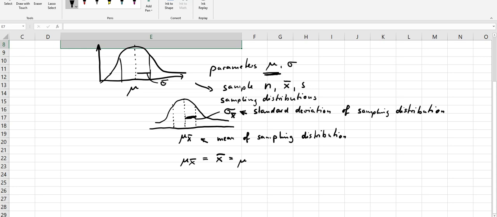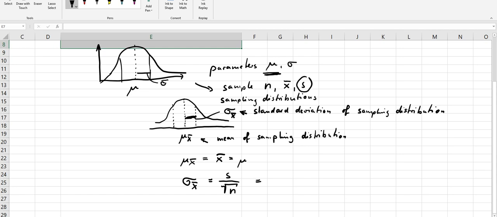We also know that the standard deviation of the sampling distribution, and that's quite a mouthful, this sigma x bar, equals the standard deviation of our sample, that is this S here, divided by the square root of the sample size. And that is actually what we are asked to calculate.